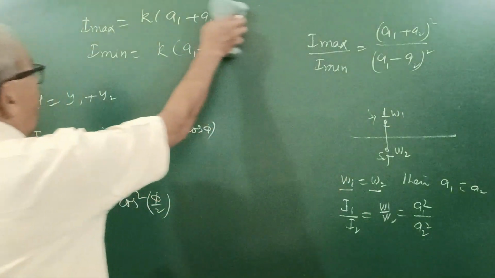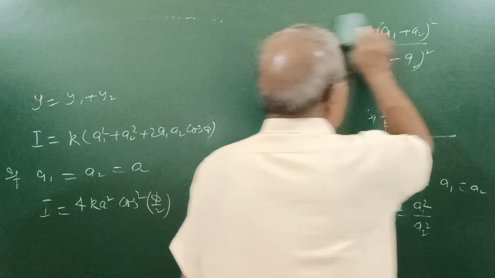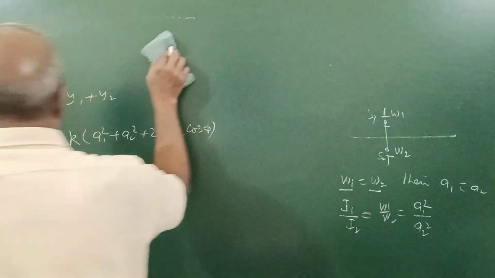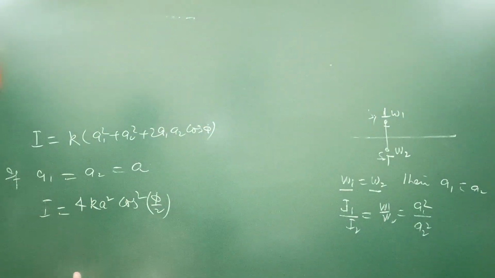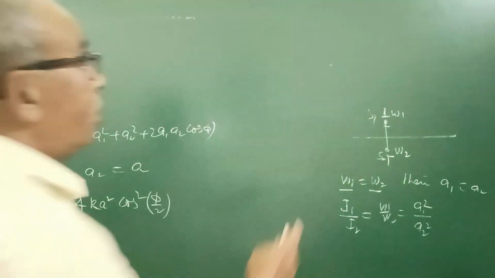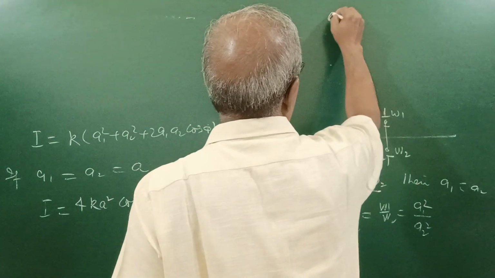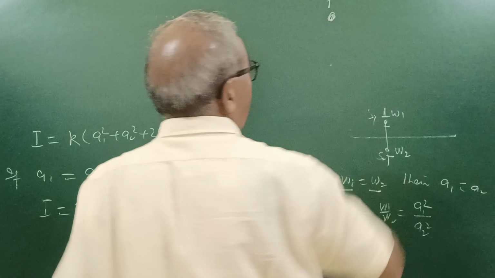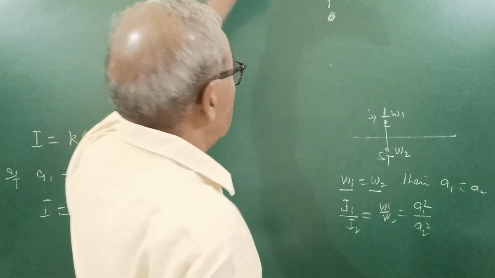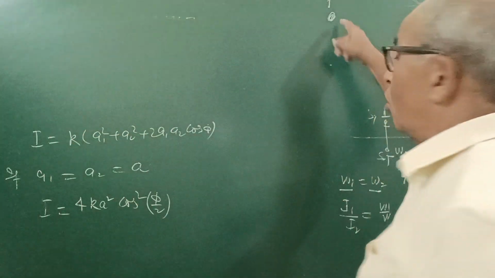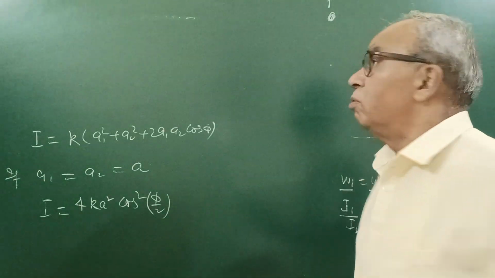Intensity of wave, I have told you, in case of mechanical wave or if here is a point source, please see the power of the source. It may be a source of sound wave, may be a source of light wave.